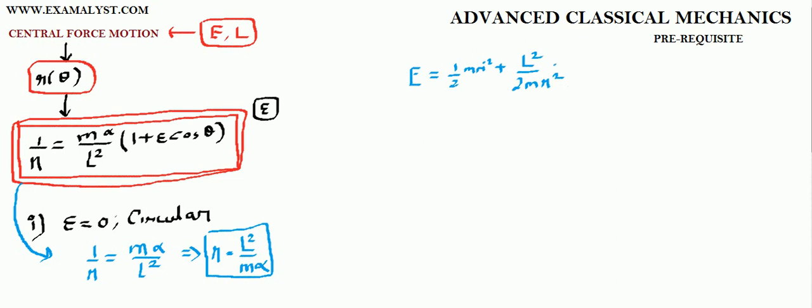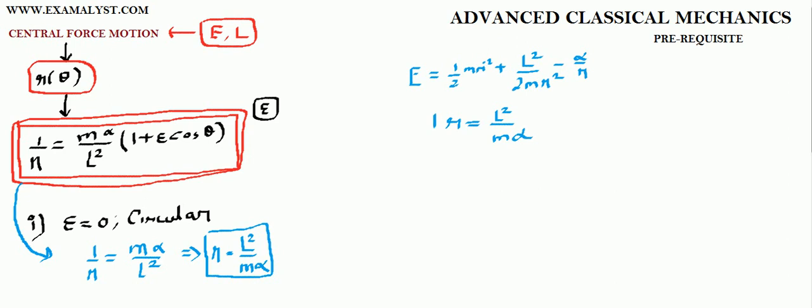And third, you had the potential, which is alpha by r. You added the potential, but the potential was negative, that's why there is a minus sign at the end. Now you put the value of r, which you got as L square divided by m alpha.